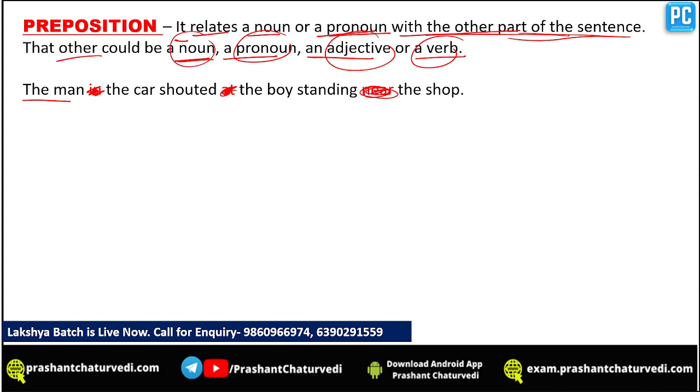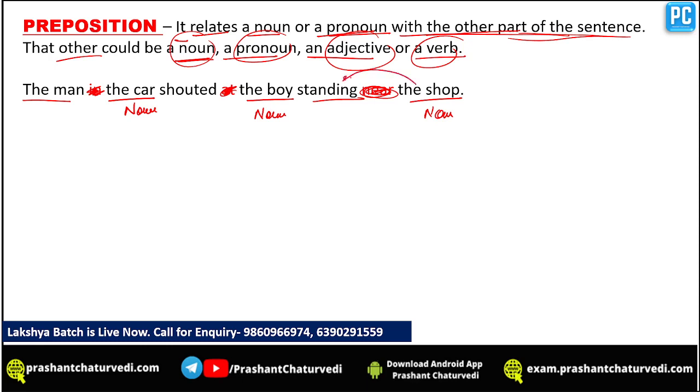Why is it not conveying any logical meaning? Because there is no preposition which is relating these words with the other part of the sentence. Here we can see that the car is a noun, the boy is a noun, and the shop is a noun. These words are not related with standing.